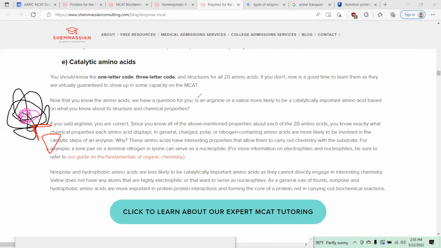So between arginine and valine, valine is the hydrophobic and nonpolar, so it's more likely to be on the inside. Arginine is positively charged, so it's more likely to be interacting on the outside.